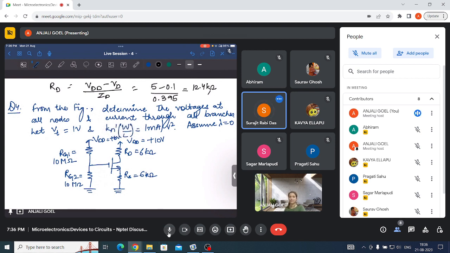Yeah, it is 0.5 milliampere. VS is 3 volt, VD is 7 volt and VG is 5 volt.